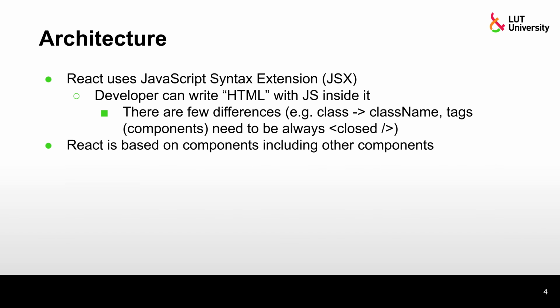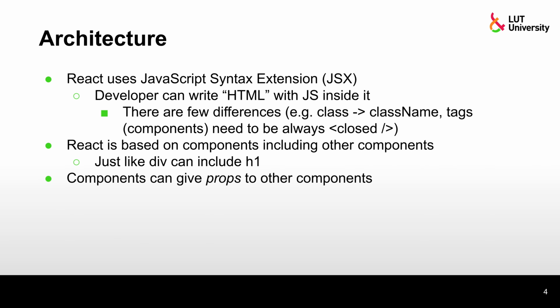React is based on components, including other components that include other components. Think of an HTML page: we can have divs that have an h1 or other divs and p tags, and then strong tags or spans inside them. Similarly, React has components that have components inside them.